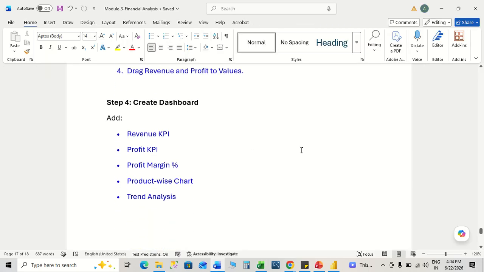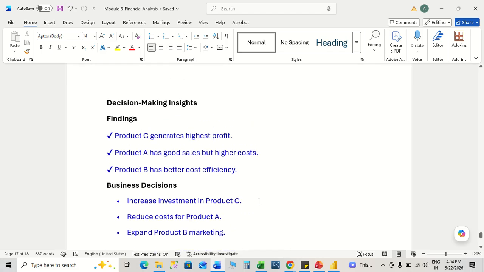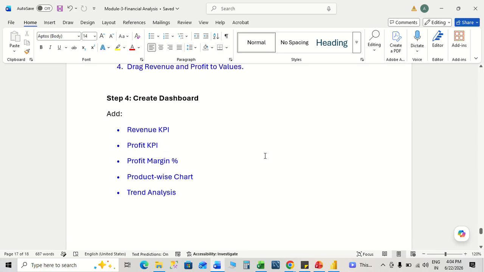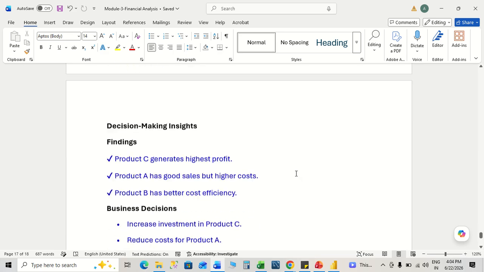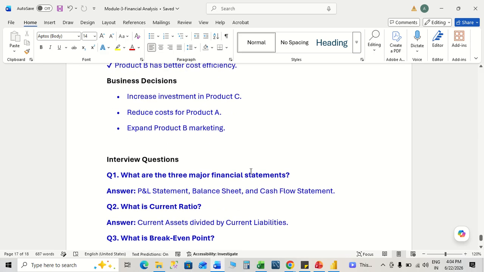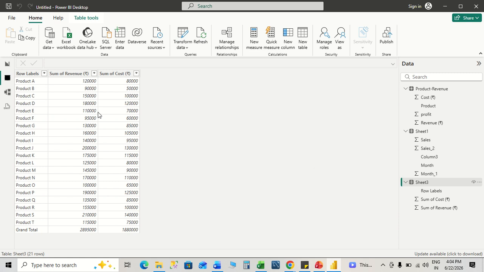Then we have created dashboards in Power BI. So more interactive dashboards like revenue, profit, sales trends. So product C generates higher profit like this. This we can analyze. Let's see. Already we uploaded the data in this Power BI.